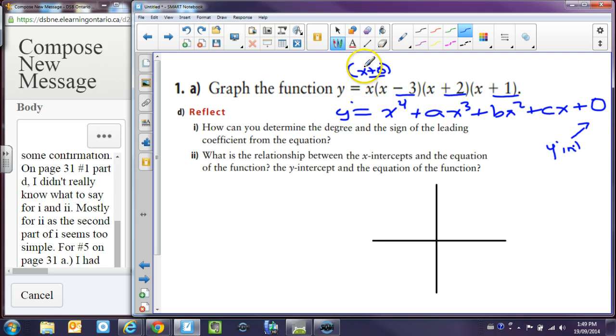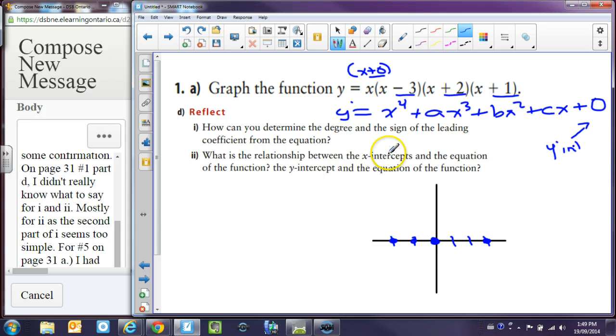So when x is 0, I get 0 plus 0, or just plain old 0 times some other stuff. When x is positive 3, we get 3 minus 3 is 0 times some other stuff. And then when x is -2 and when x is -1, we will have other zeros there.